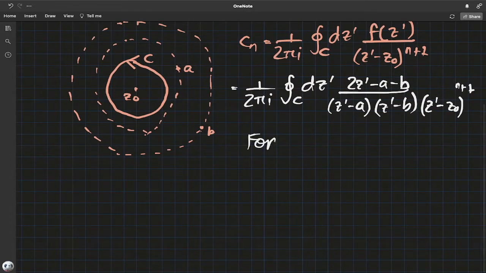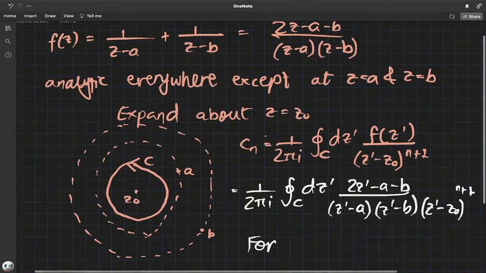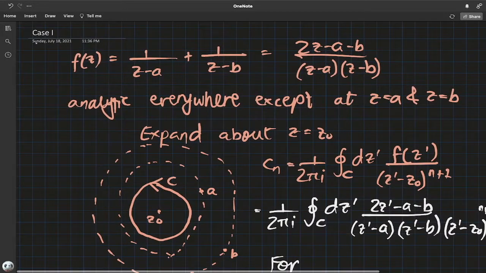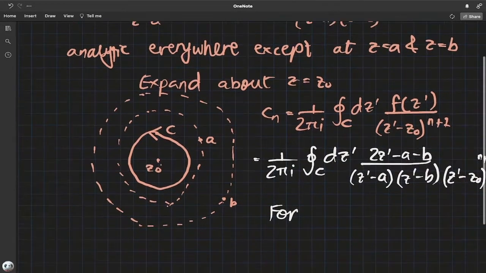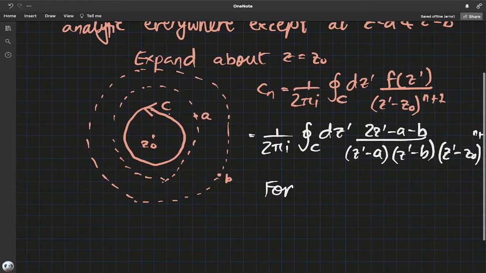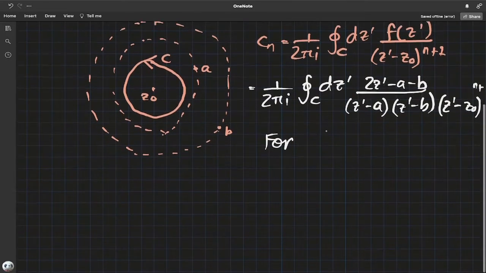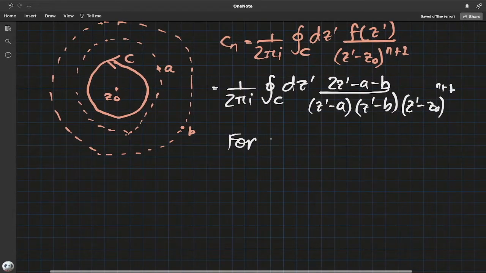Let me call this case 1, like the title for this entire thing, because we're just considering the region that's enclosed within a. And I'm further dividing it into two cases. So this is the negative case.